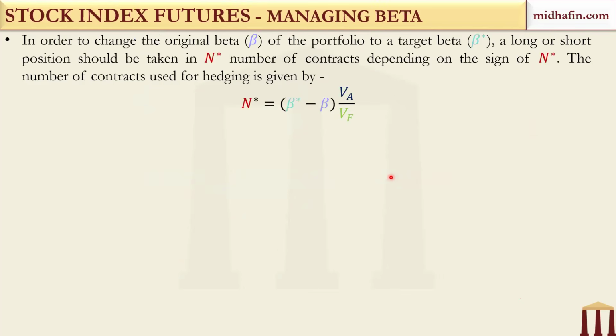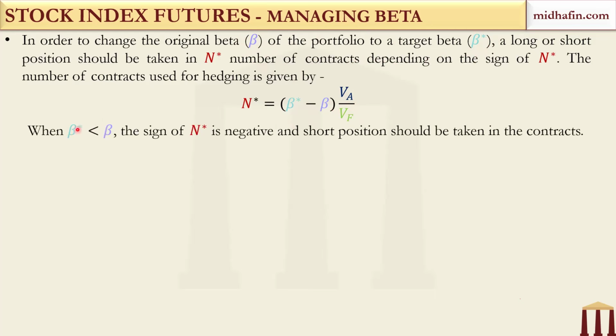Now, what about changing the beta? If you have a target beta, and this is the original beta, if you want to change the original beta to a target beta, this will be the formula. This formula will also give you a positive or negative sign. If the target beta is less than your current beta, you have to take a short position, so obviously this will become negative.